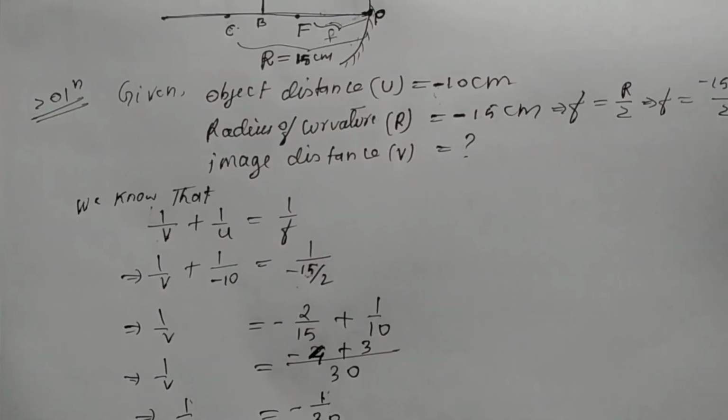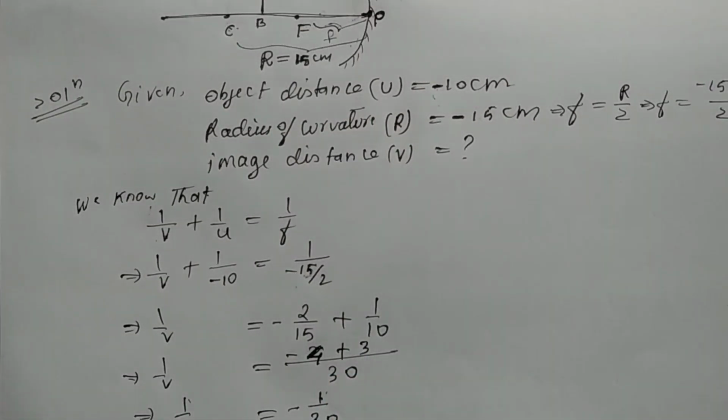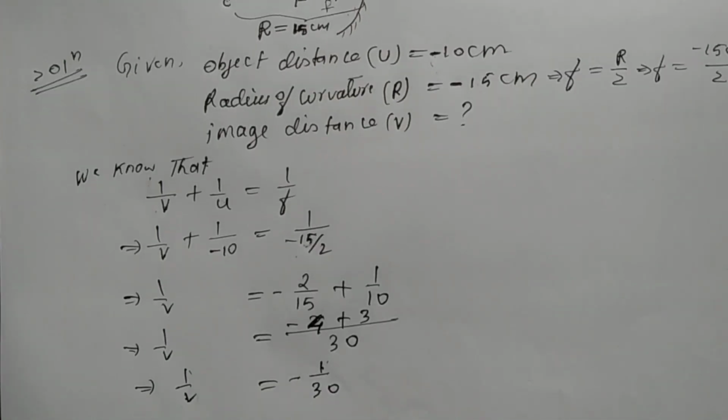So the image is formed in front of the mirror and its distance is how much? 30 centimeter.